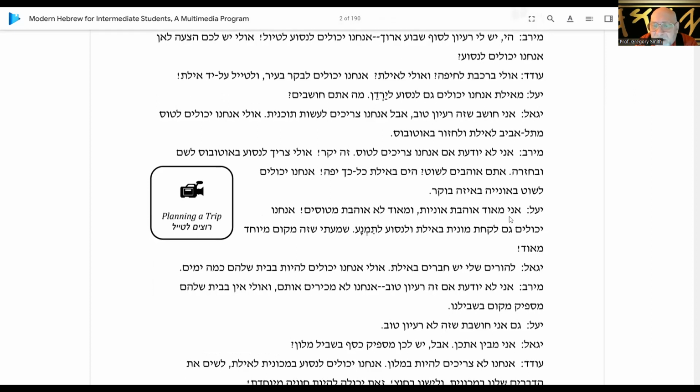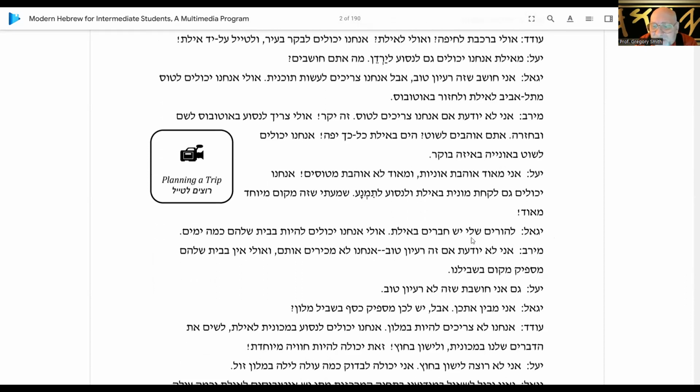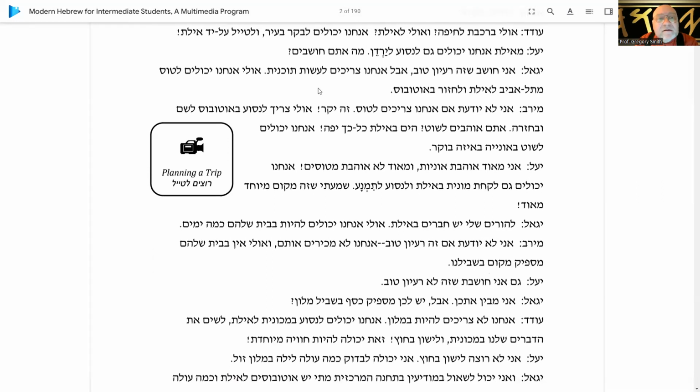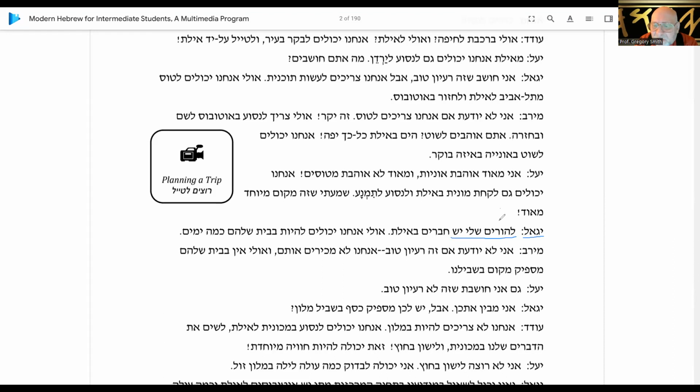There we go. Where's the one about that? It is right. Lahorim sheli yesh chaverim. There it is right there. It's Yigal. Look at that. That's the one right there. Yigal: lahorim sheli yesh chaverim be'Eilat. So the parents belonging to me, there are friends in Eilat. There's the answer.